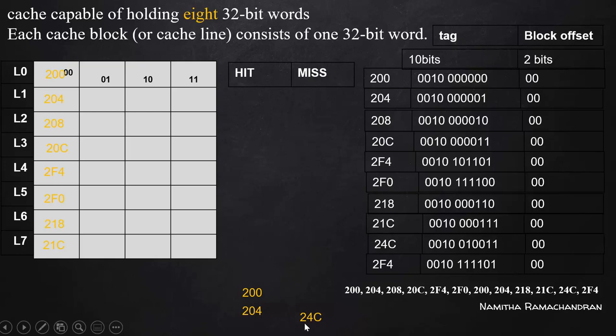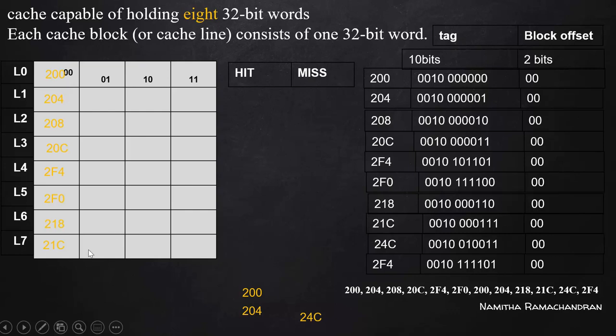So we need to identify the block which is least recently used, or find the line number holding the least recently used address.